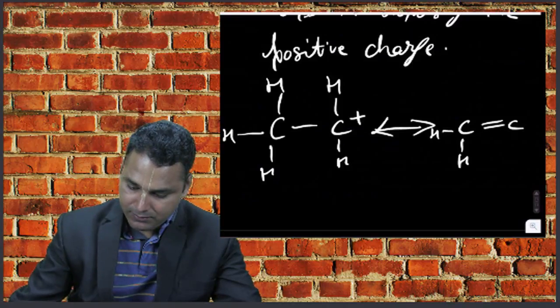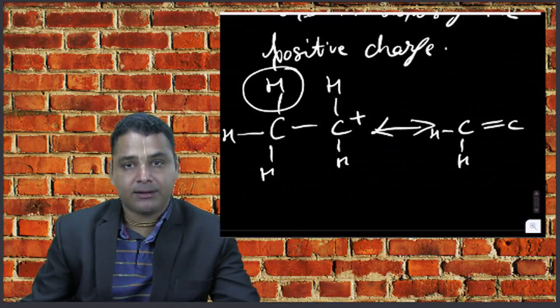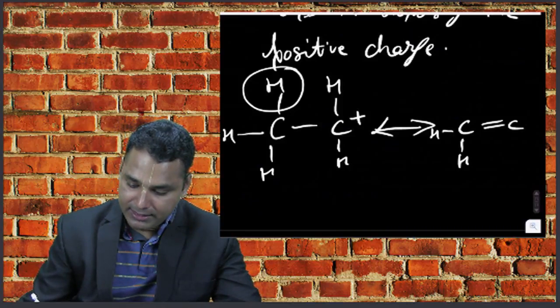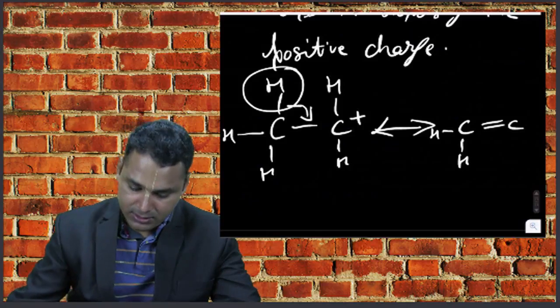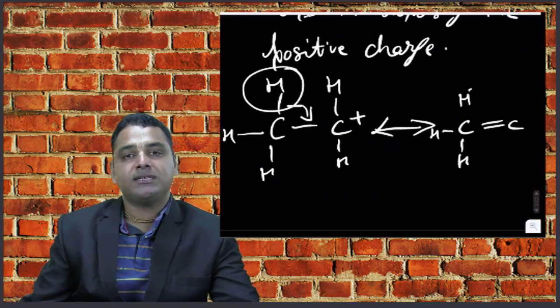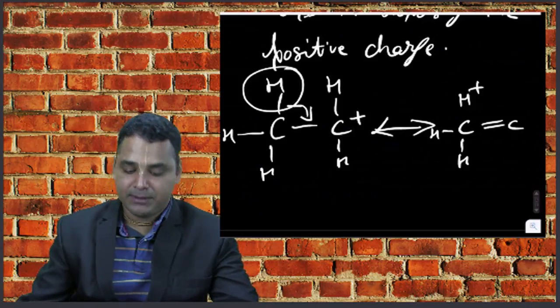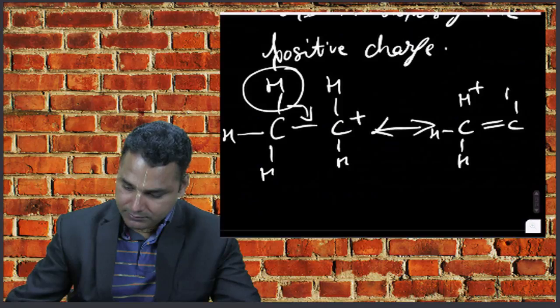Earlier 3 hydrogen atoms were there, but now this hydrogen atom has shifted from here to here, and that's why there is a double bond between the carbon atoms. Now it has become H plus, because it has donated its electrons.